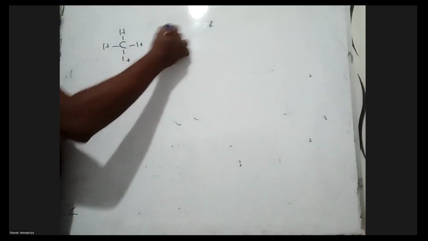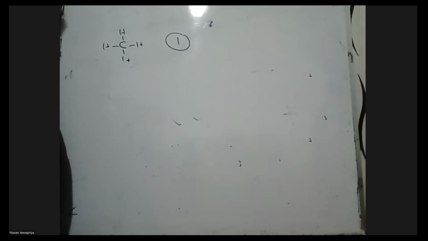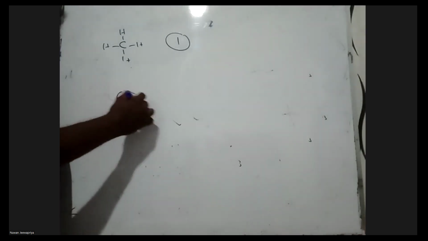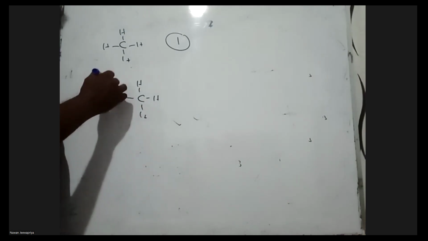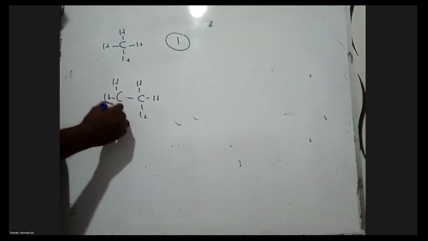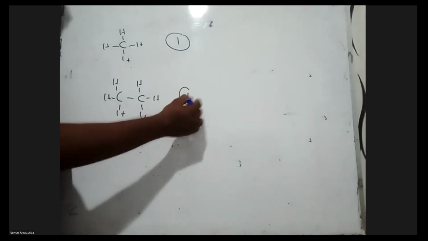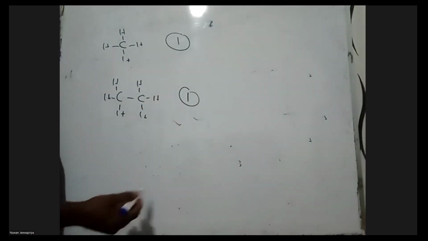only one isomer can be drawn. If I go to a 2 carbon atom alkane, what is the maximum number of isomers that can be drawn? Only one. No more changes can be made.